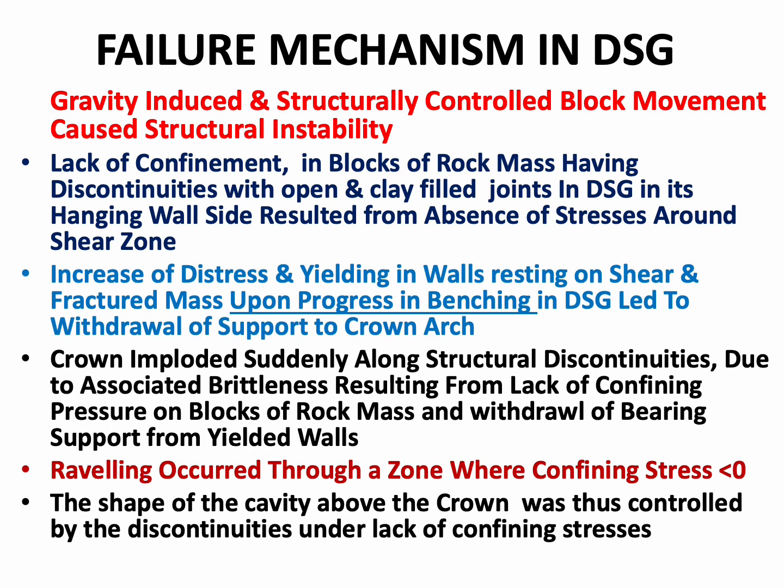The crown imploded suddenly along structural discontinuities due to associated brittleness resulting from lack of confining pressure on blocks of rock mass and withdrawal of bearing support from yielding walls. Raveling occurred through a zone where confining stress was less than zero. The shape of the cavity above the crown was thus controlled by the discontinuities under lack of confining stresses.